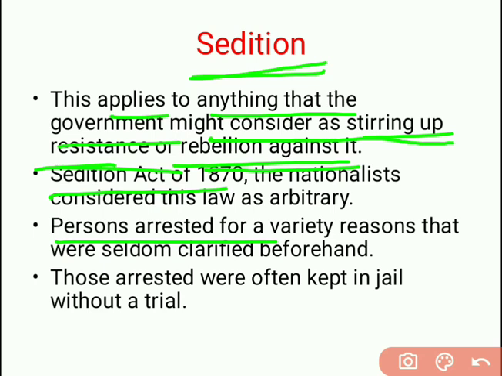If the government felt that a person was suspected or dangerous to the government, that person would be arrested, and those arrested were often kept in jail without a trial, with no presentation before a magistrate, no presentation in court, and no trial. That's why these laws were opposed and protested by the Indian nationalists.